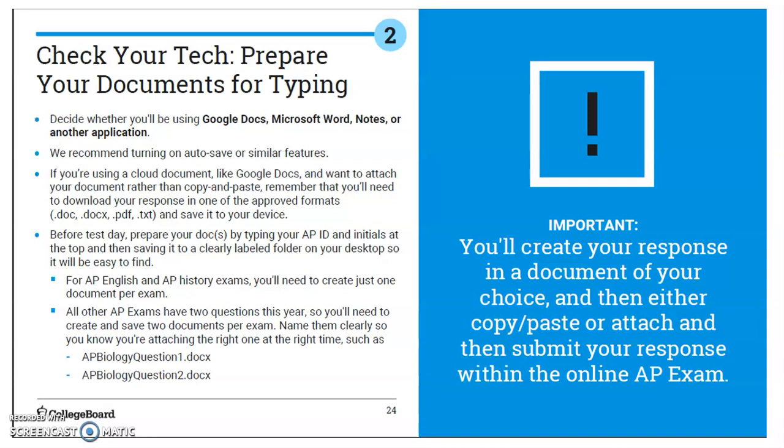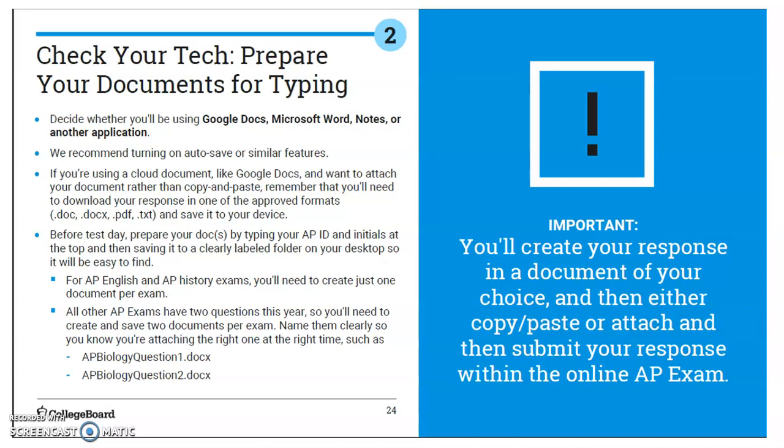Before test day, it's a good idea to go ahead and prepare your documents by typing your AP ID and initials at the top and then saving it to a clearly labeled folder on your desktop or in your Google Drive so that it'll be easy to find. We're under the all other AP exams, which means that we have 2 questions this year for AP Psychology and AP Human Geography.